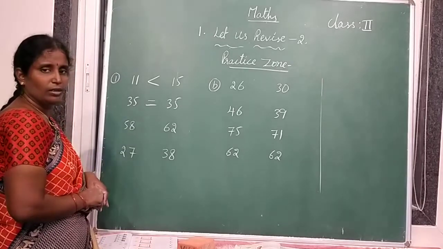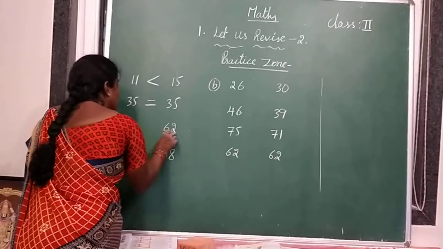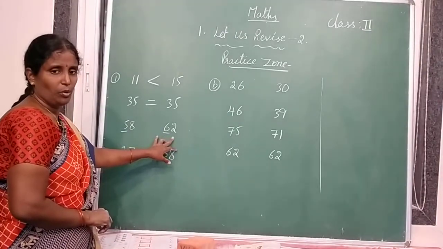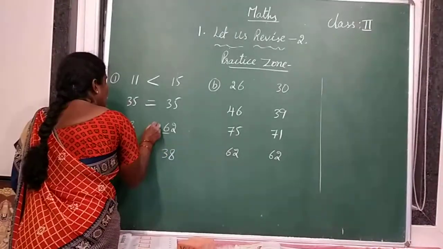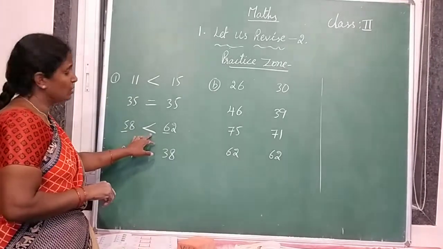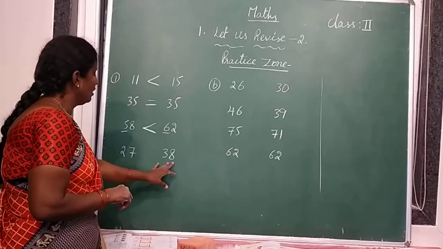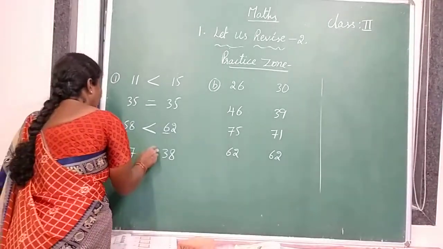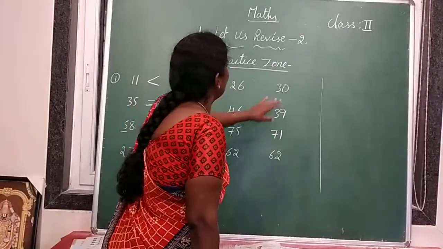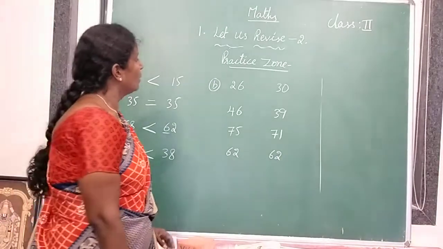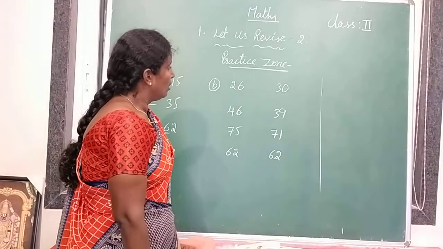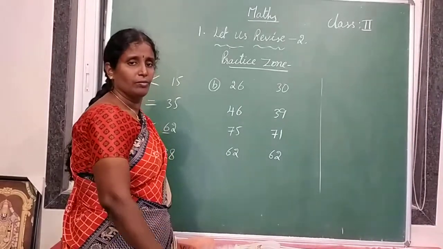Which one is more? 5 or 6? 6 is more, so 62 is more, and we open towards the greater number. Understood? Next, 27 and 38. 38 is more. And next we have 26 and 30. Which is more? 30 is more.